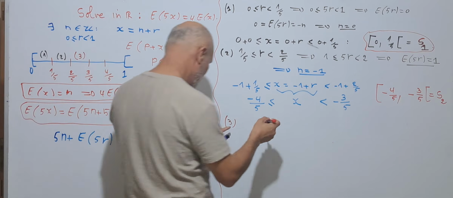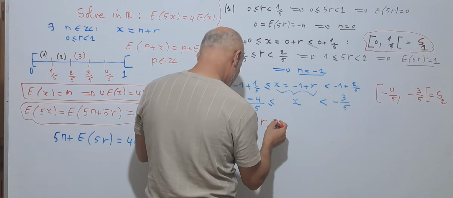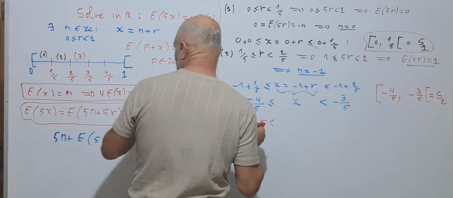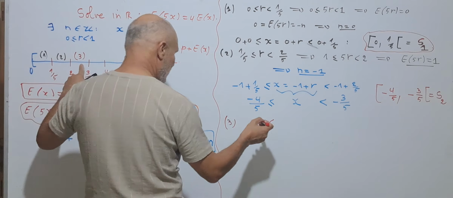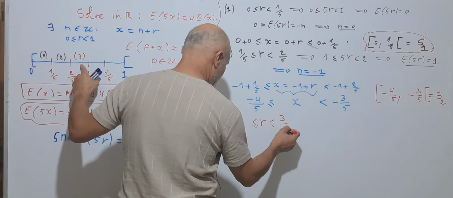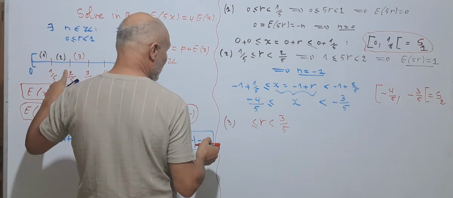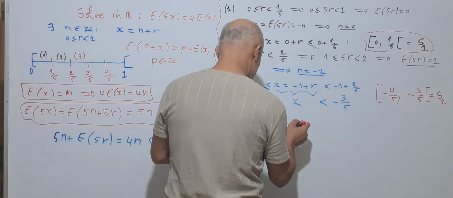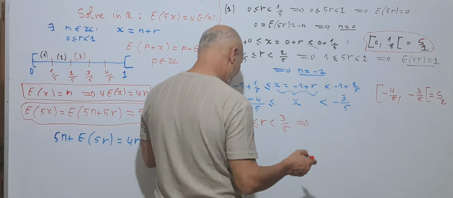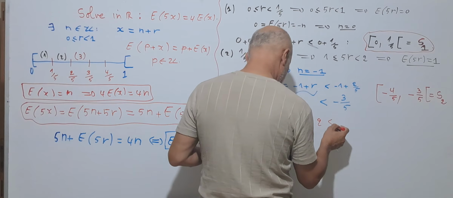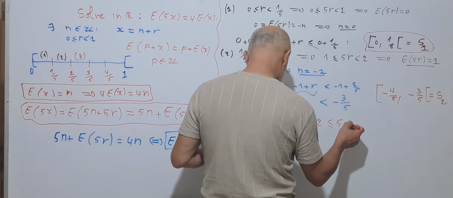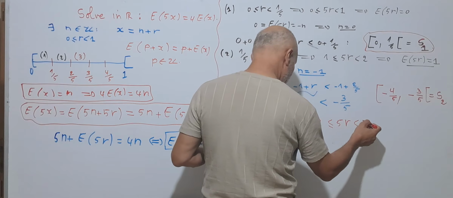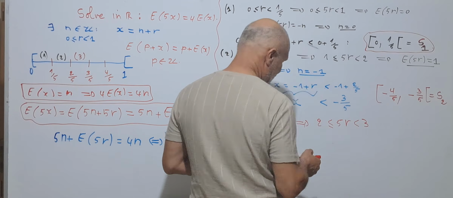If r is less than 3 over 5 and greater than or equal to 2 over 5, and we multiply by 5, we get 2 less than or equal to 5r, strictly less than 3.